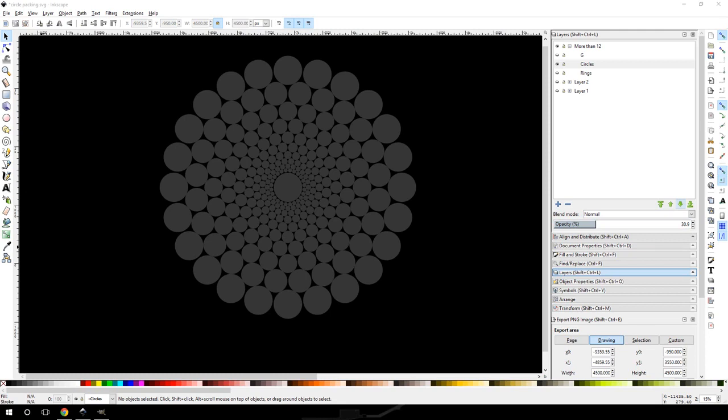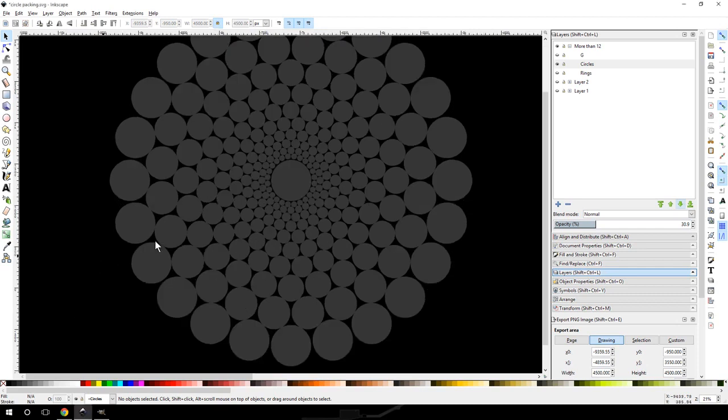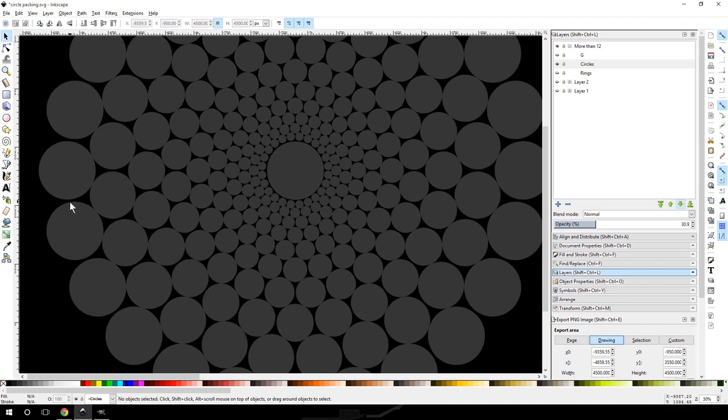But when you extend out to 12, you'll notice that as you start getting past 6, there's a small space in between the circles that you see right here. And that is necessary, because I tried turning the thing to where there was no gap at all when I went out to 12, and what happened is that you couldn't fit an even number of circles all the way around.